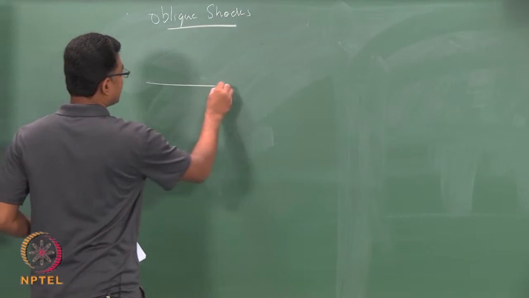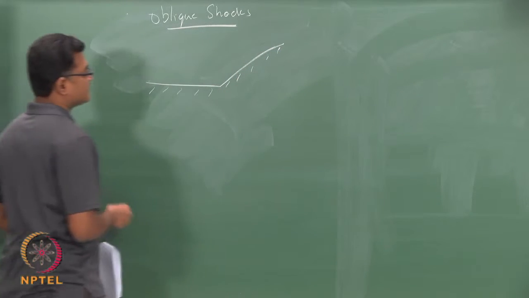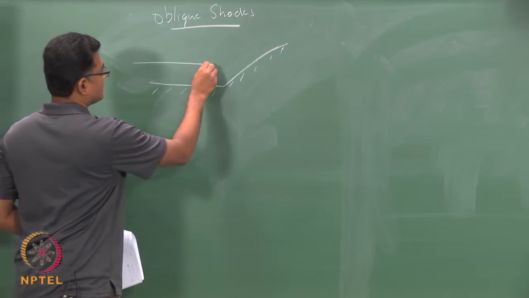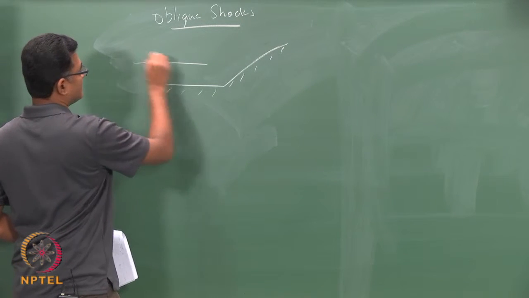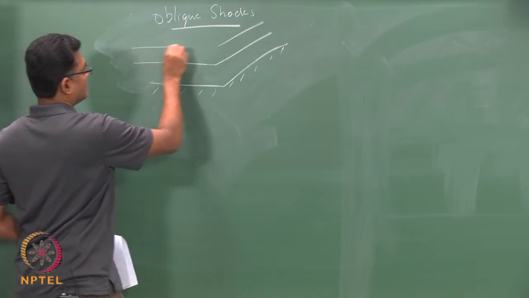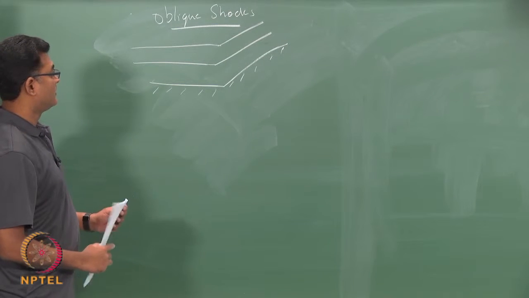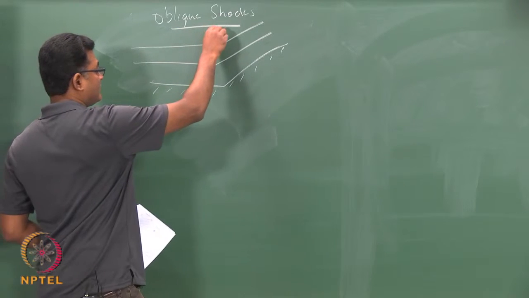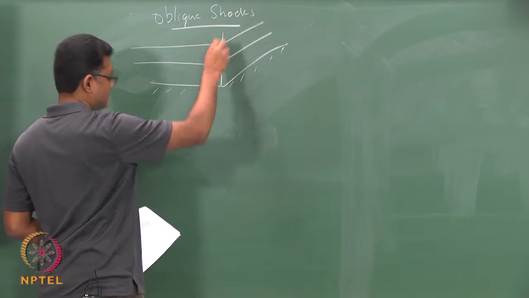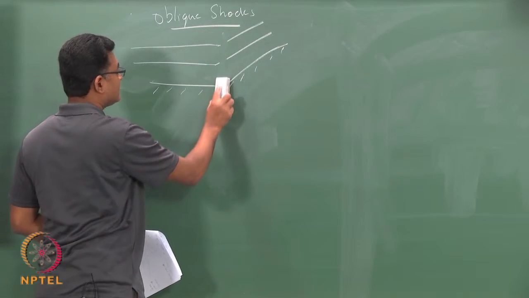If we have systems like this, where there is a sudden ramp facing the flow, so the flow is coming in this direction, the flow needs to take a deviation. In such a scenario, you would face a shock wave, which is slightly at an angle.